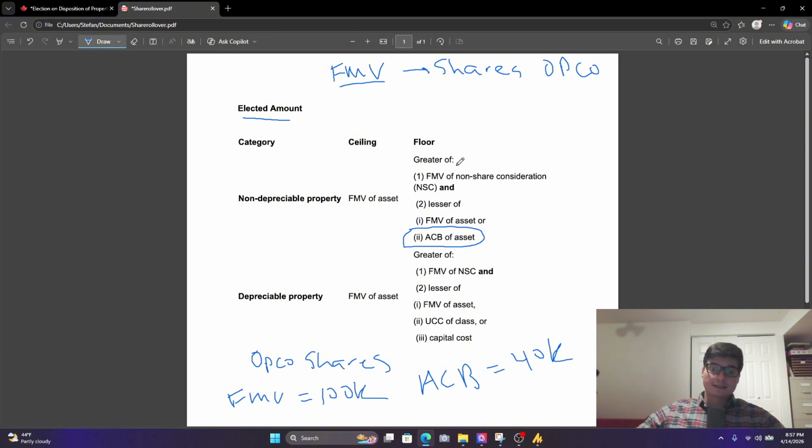So we want the elected amount to be 40,000 so that there's no tax implication. In theory, then, this would be 40,000, and then we look at the greater of this one and this one. So we would also want the fair market value of your non-share consideration to be no greater than 40,000. So we can keep that elected amount at 40,000.